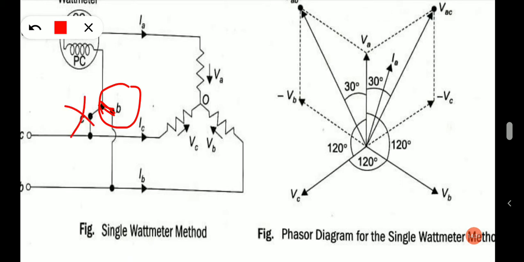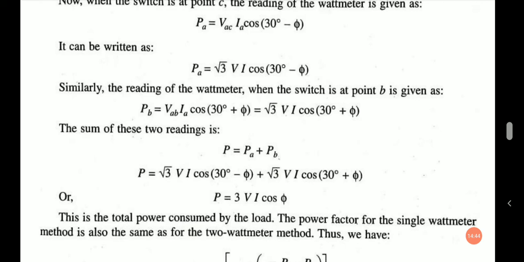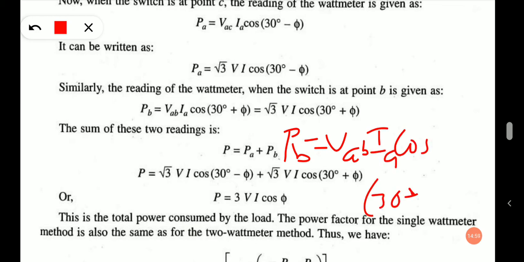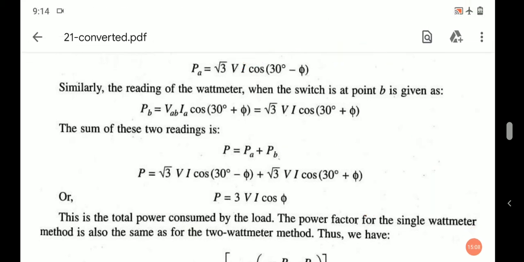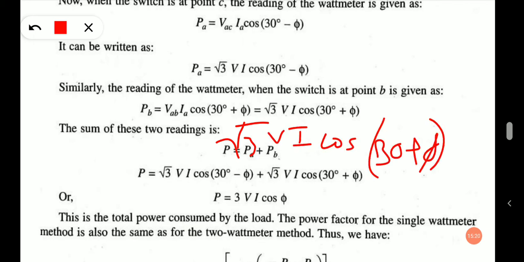At that condition the reading of the wattmeter is given as PB equals VAB IA cos(30 plus φ), or we can write it as root 3 VI cos(30 plus φ).